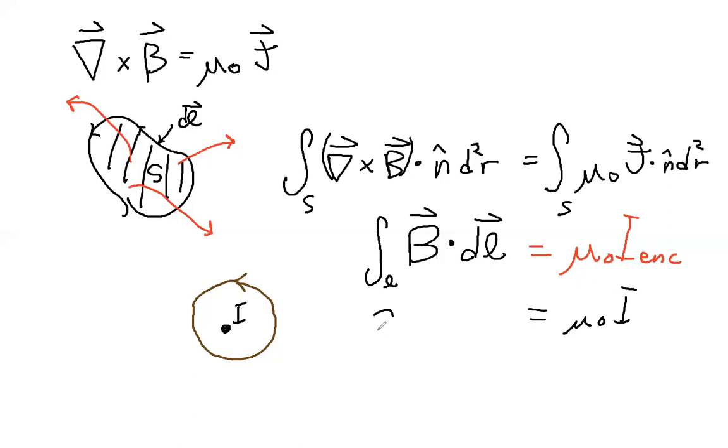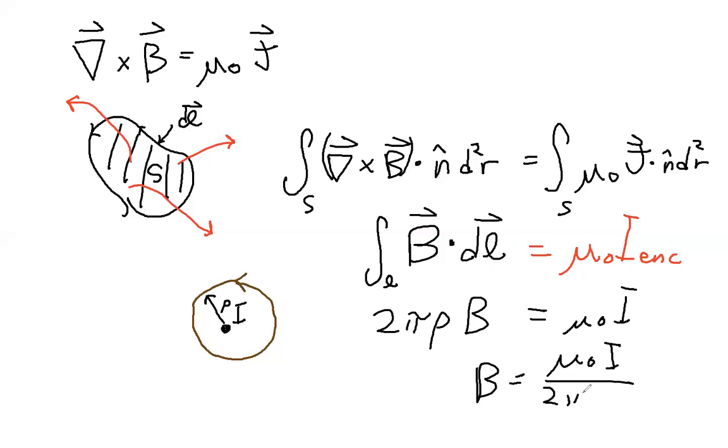You get the standard 2 pi, the distance, say this distance is rho, 2 pi rho times magnetic field. You get the standard expression for what magnetic field around straight wires looks like without having to do obnoxious cross products. So this is how you usually learn how to calculate magnetic fields.